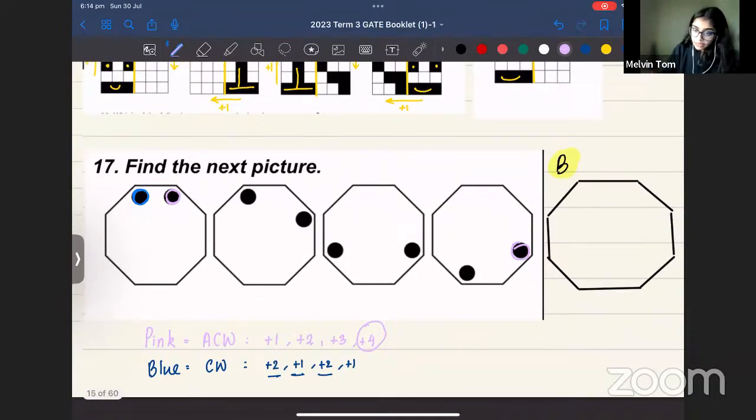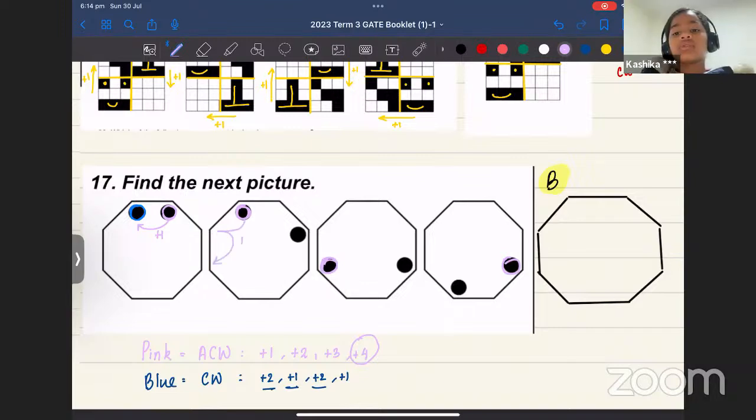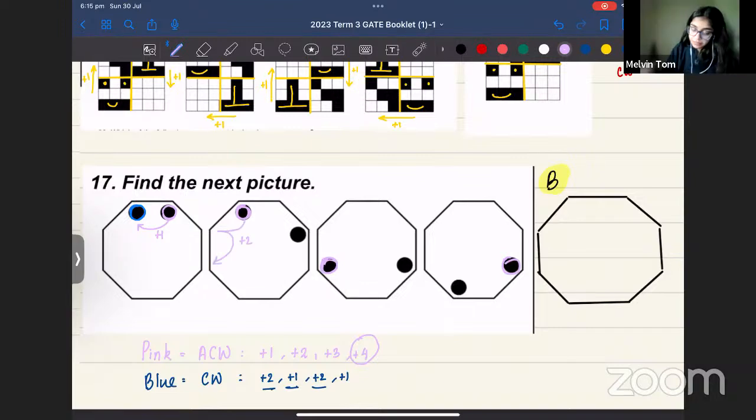The pink dot from image number 1 has moved all the way here in image number 2. So it's moved here by +1. From image 2, in image 3, the pink dot has moved plus 2. That's why it's here.